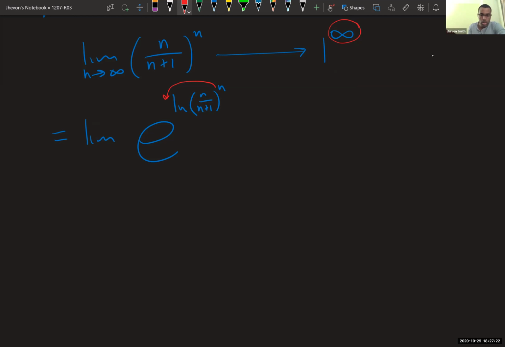Logs cancel exponents. So now I would have the limit of e to the n ln of (n over n plus 1). Notice that now the power, as n approaches infinity, approaches infinity times ln of 1, which is 0, and still indeterminate.